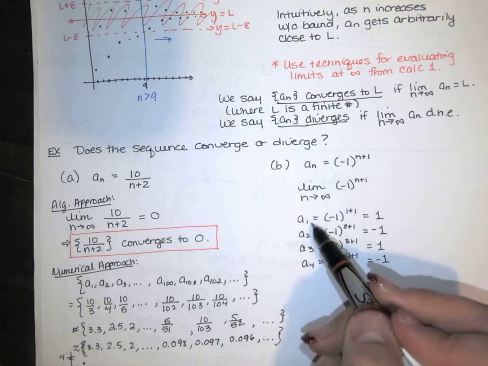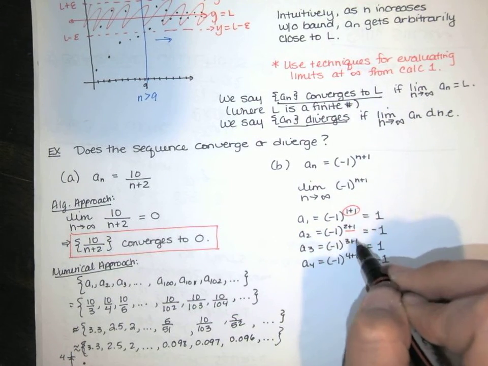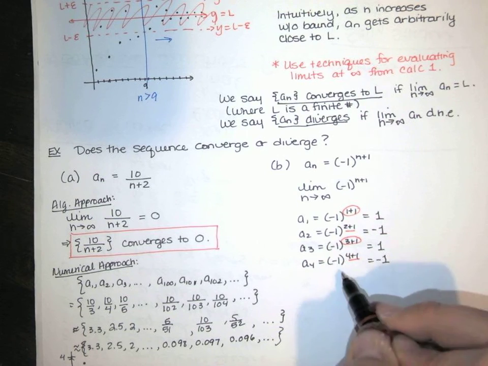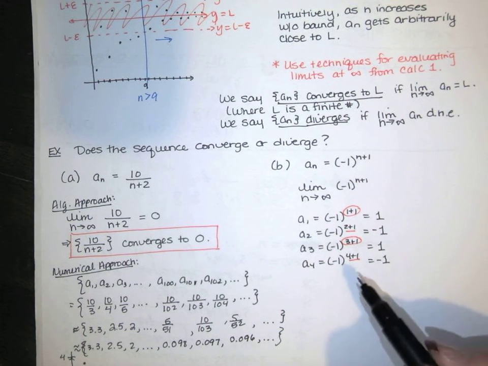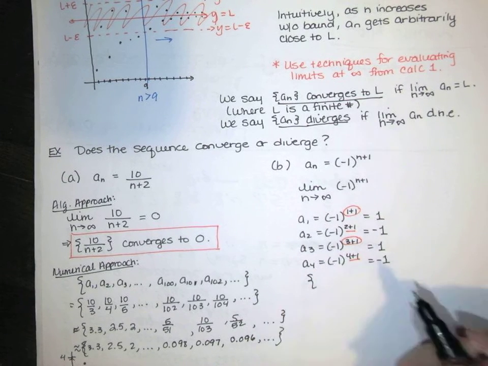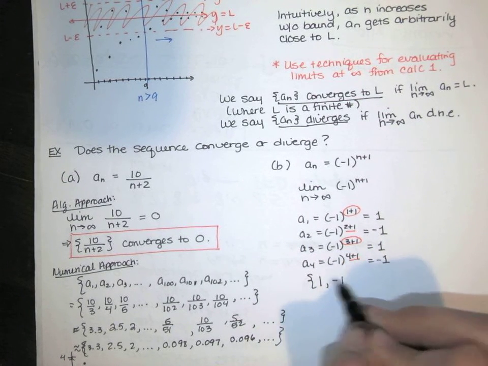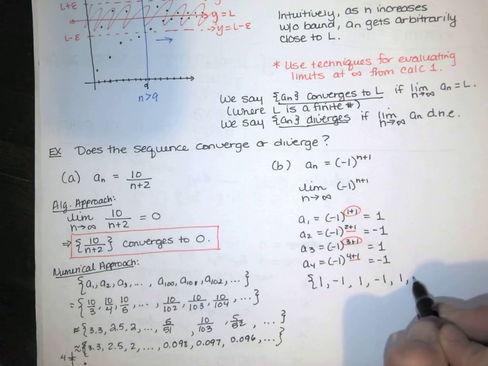So every other integer, I've got an even, then an odd, even, then an odd. -1 to an even power is going to be 1. -1 to an odd power is going to be -1. So if I write these on my list, I'm going to have 1, -1, 1, -1, 1, -1.